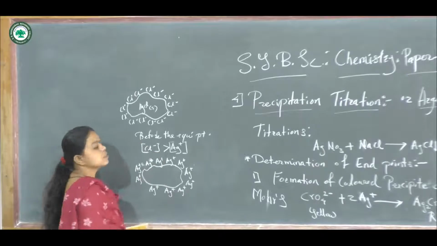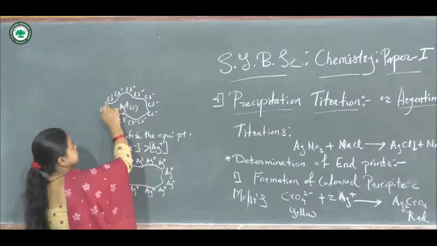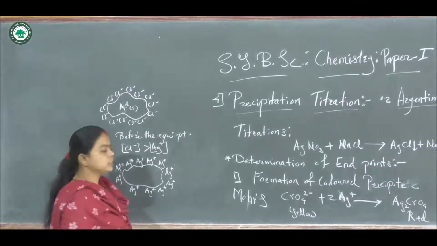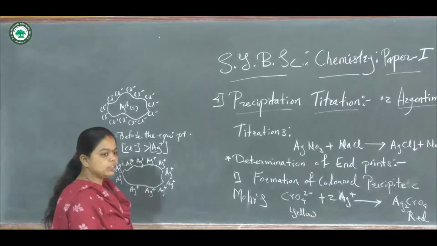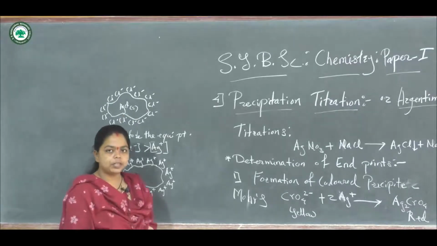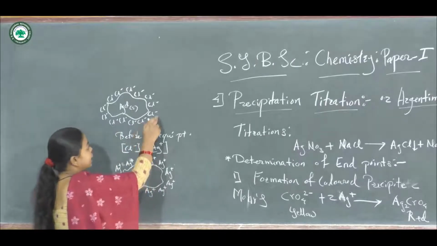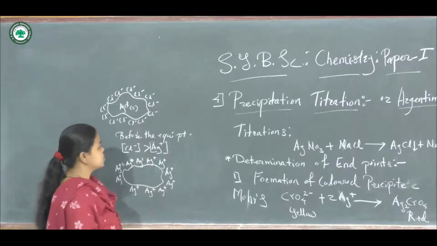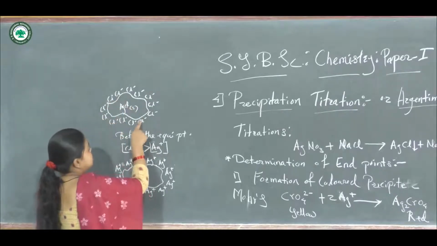Now in this case, we can see this is the precipitate which is formed during the titration. It is AgCl solid. This is the precipitate. So before the end point of the titration, the chloride ion gets attracted towards this solid compound and gets adsorbed on this precipitate.